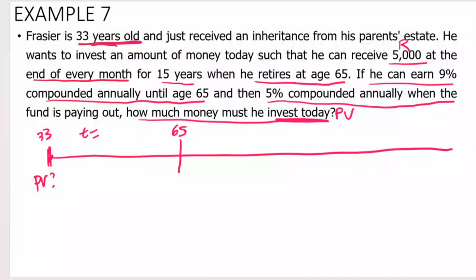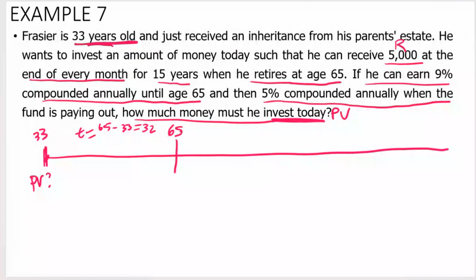That is the time of this investment, this lump sum. And then we are told that this is going to earn 9% compounded annually. So now the interest rate here is going to be 0.09, and we are told it is compounding annually, so your m is equal to 1. So that is what is happening during the first 32 years.